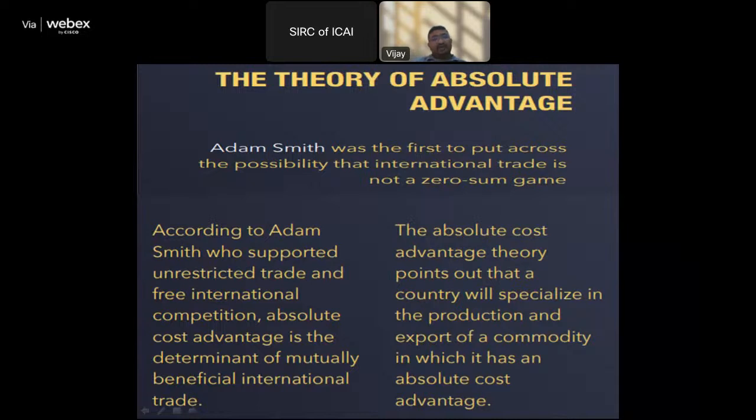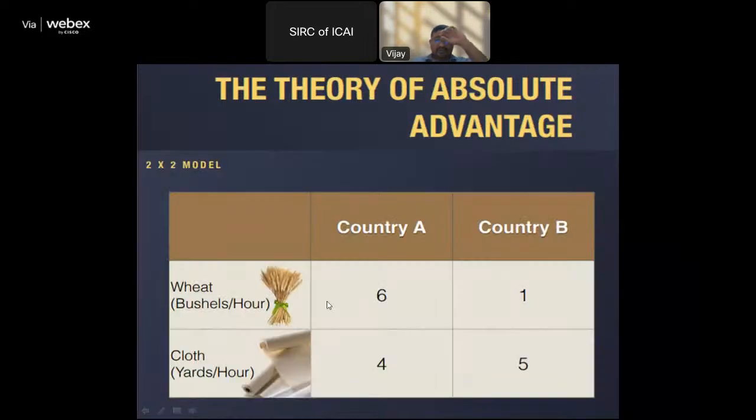That is what is explained through the theory of absolute advantage. Here, two countries will be taken into account, so it is a 2x2 model.